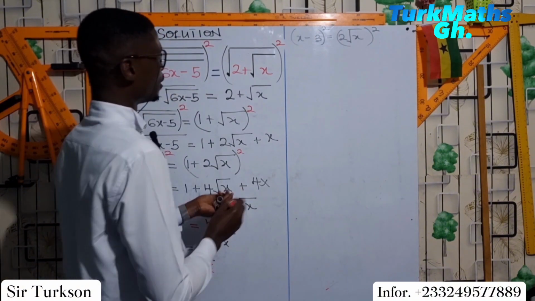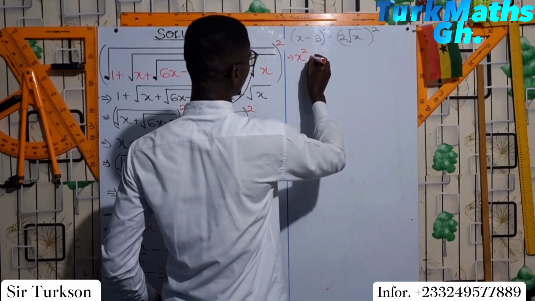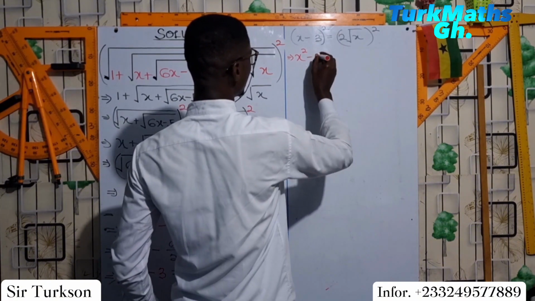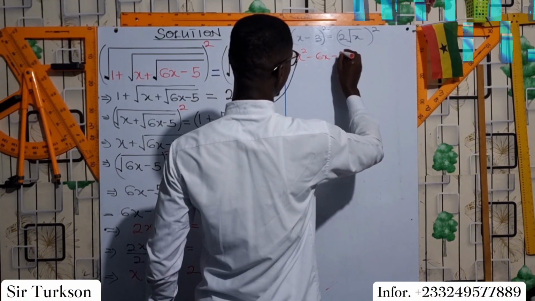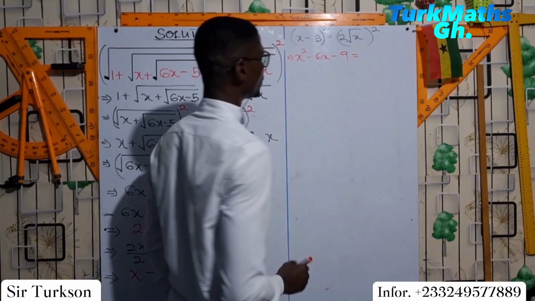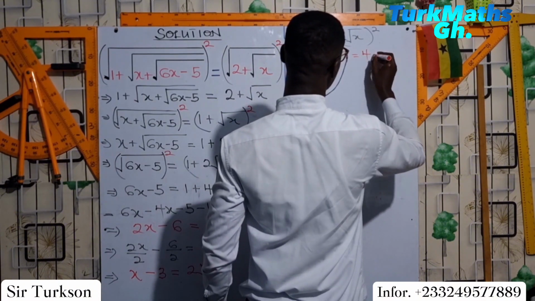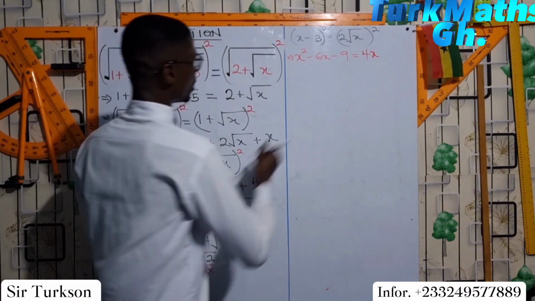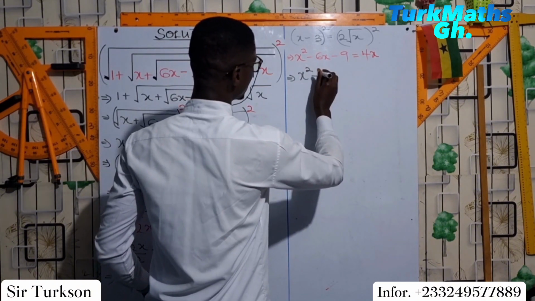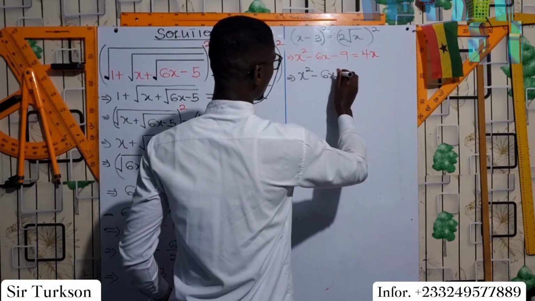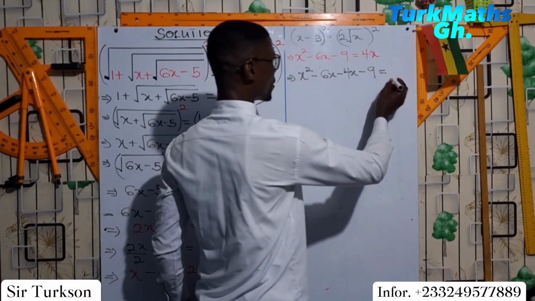So when I expand this, I'm going to have x squared minus 6x plus 9 equals to, this will take out this radical, we are going to have 4x. Very good. So I'm going to group terms here. I'm going to have x squared minus 6x minus 4x plus 9 equals to 0.